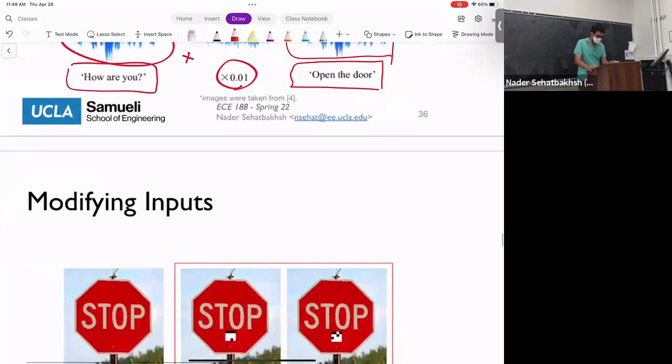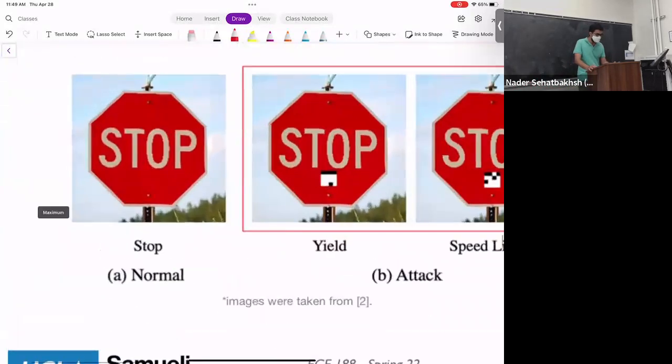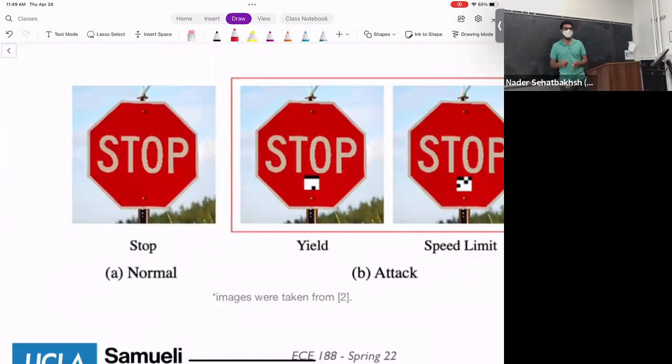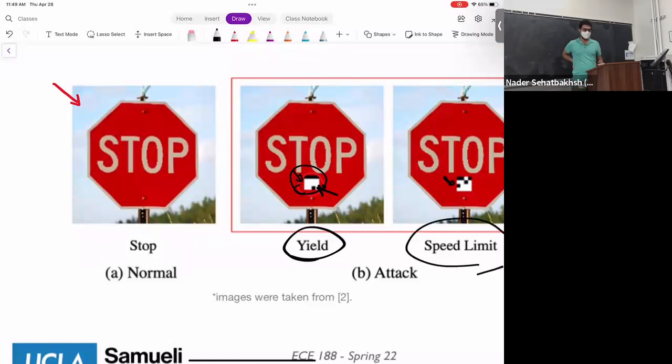Another example before I let you go is what's called a physical attack, where people have shown that if you have a normal looking traffic sign, let's say a stop sign like this, and they add this tiny patch here, with different looks and different designs, the system is fooled and thinks that this is a yield sign or a speed limit sign.